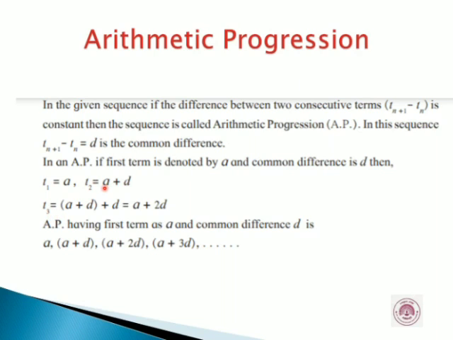T3 is equal to the second term plus the common difference. What is the second term here? A plus D. So, A plus D plus D is equal to A plus 2D. Therefore, we can write an AP, arithmetic progression, having first term A and common difference D as A, A plus D, A plus 2D, A plus 3D, etc.